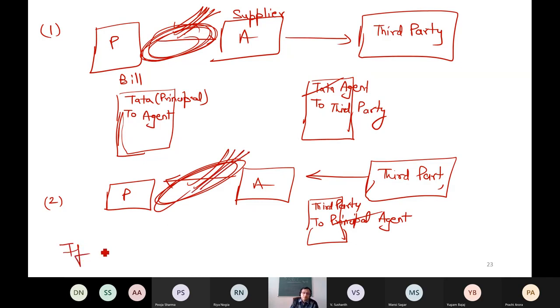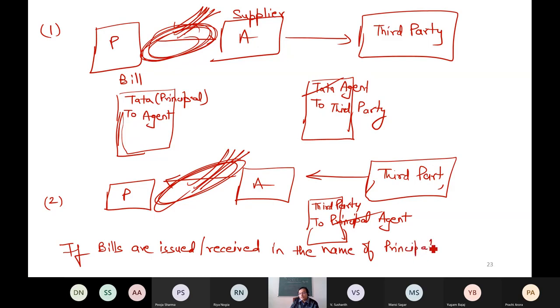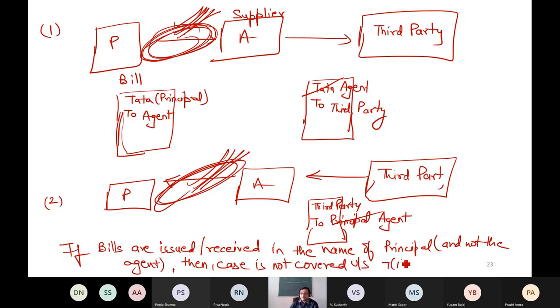And if bills are issued or received in the name of principal and not the agent, then my case is not covered under section 7(1)(c) paragraph 3, because paragraph 3 talks about principal and supply.